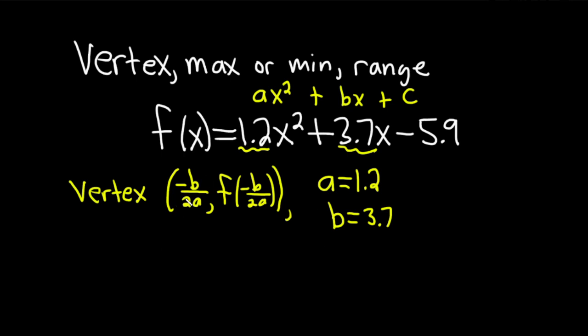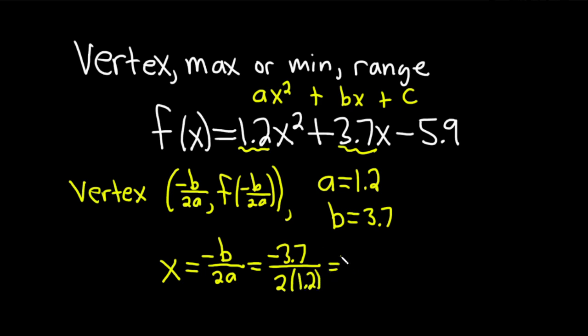So then the x-coordinate of our vertex, that's negative b over 2a. So that's equal to negative 3.7 over 2a, and a is 1.2. So this is negative 3.7 over 2.4.